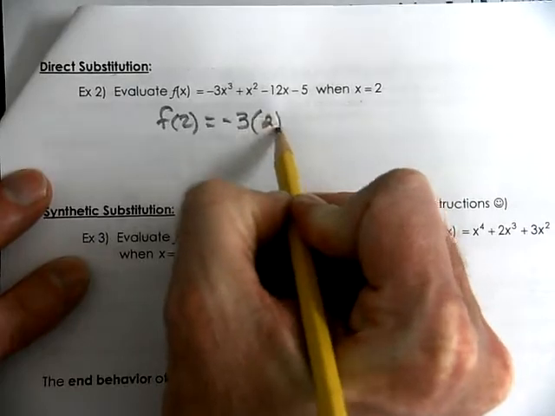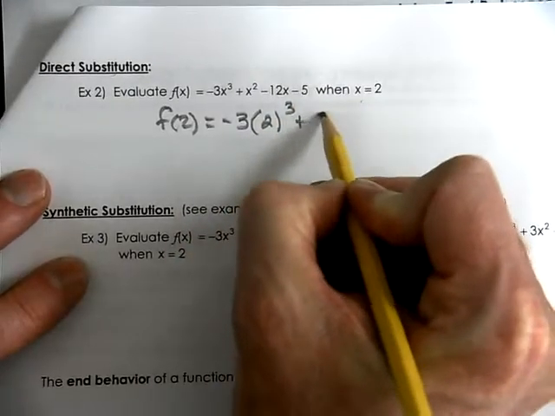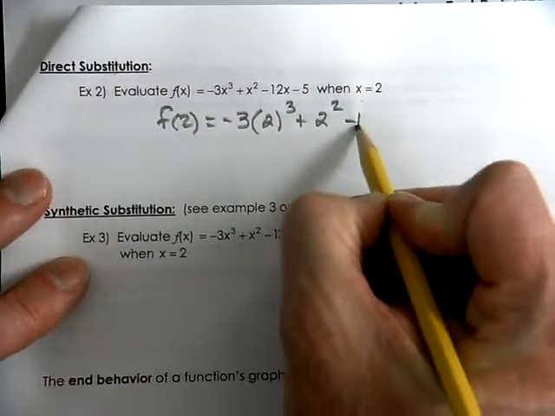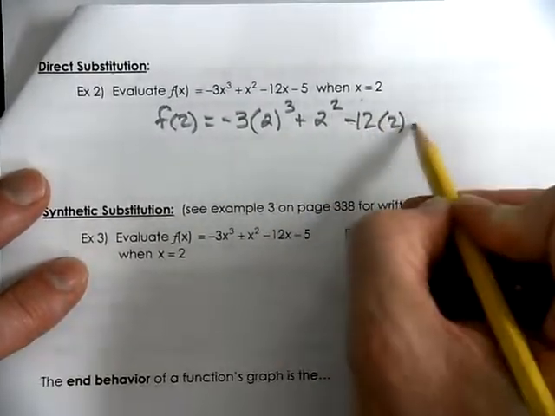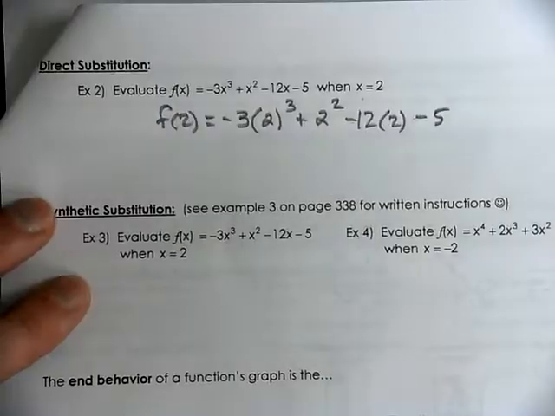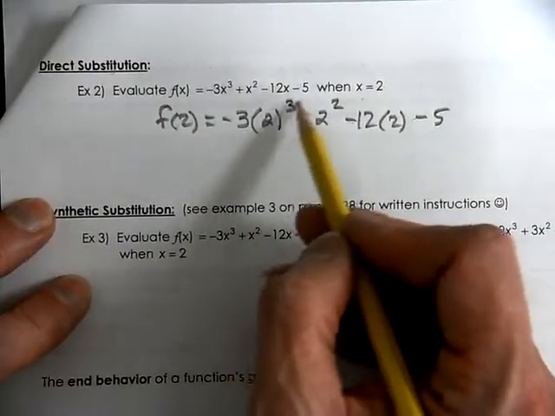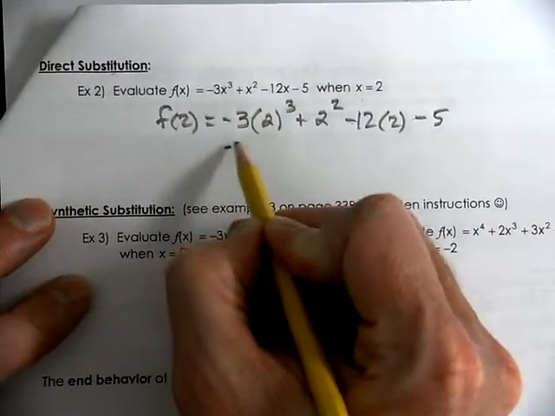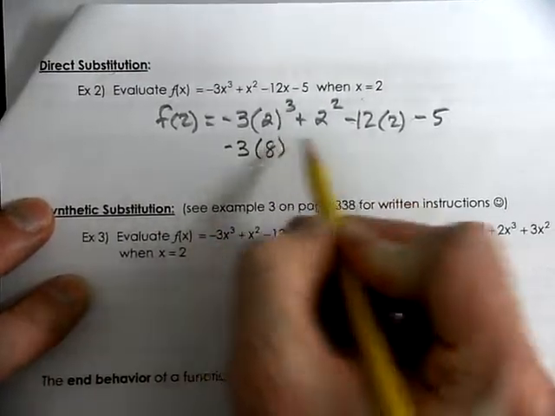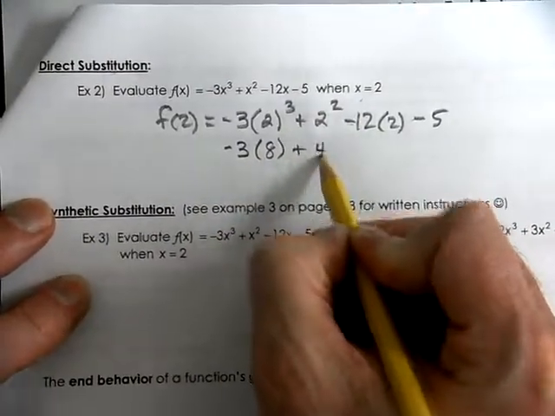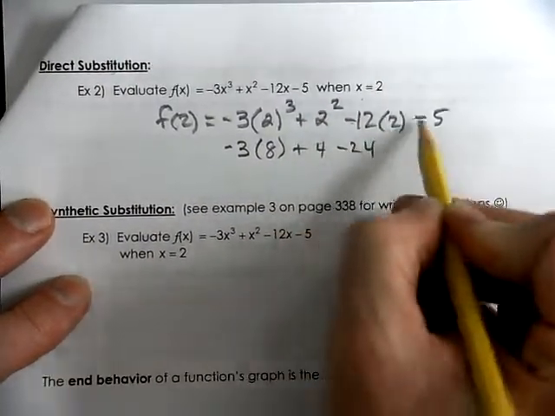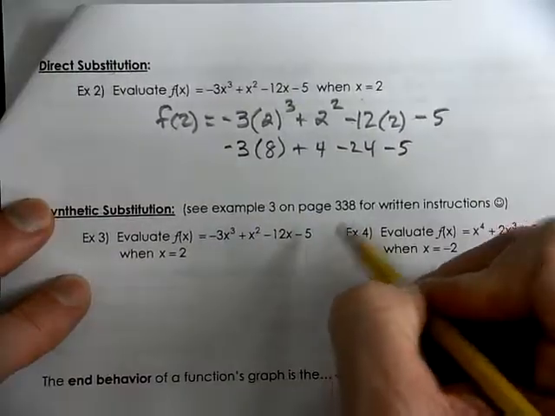So in this case, it would be 2 cubed and 2 squared minus 12 times 2 minus 5. So order of operations tells us that we need to do our exponents first. So this becomes 8, 4, negative 24, minus 5.